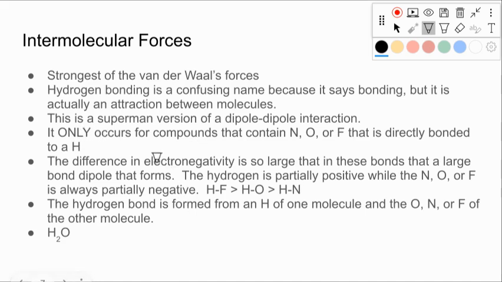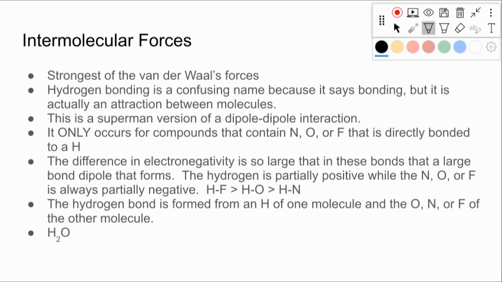Because the difference in electronegativity is so great between hydrogen and nitrogen, oxygen, or fluorine, the hydrogen is always partially positive and the other ones are always partially negative.